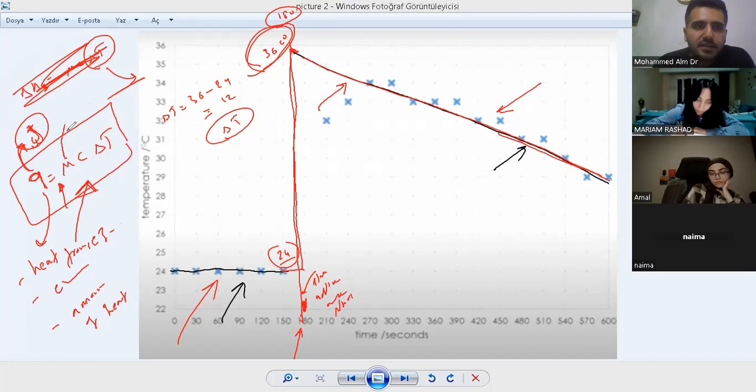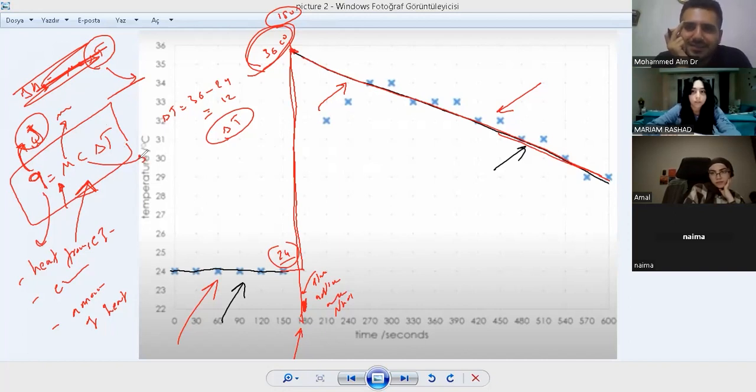M, guys, who remembers what M was? Mass. Exactly. Mass of what? Water. Amazing. M is the mass of water. Who remembers what C was?